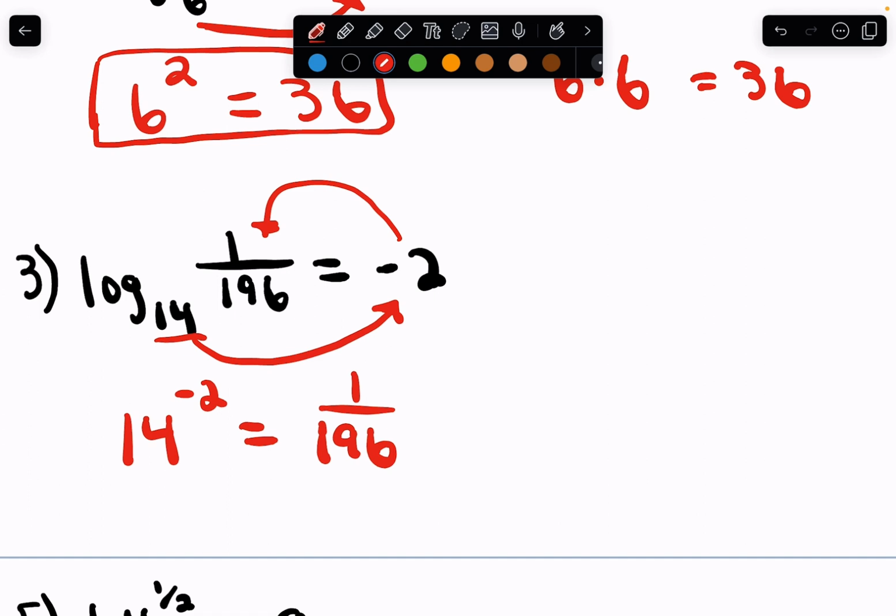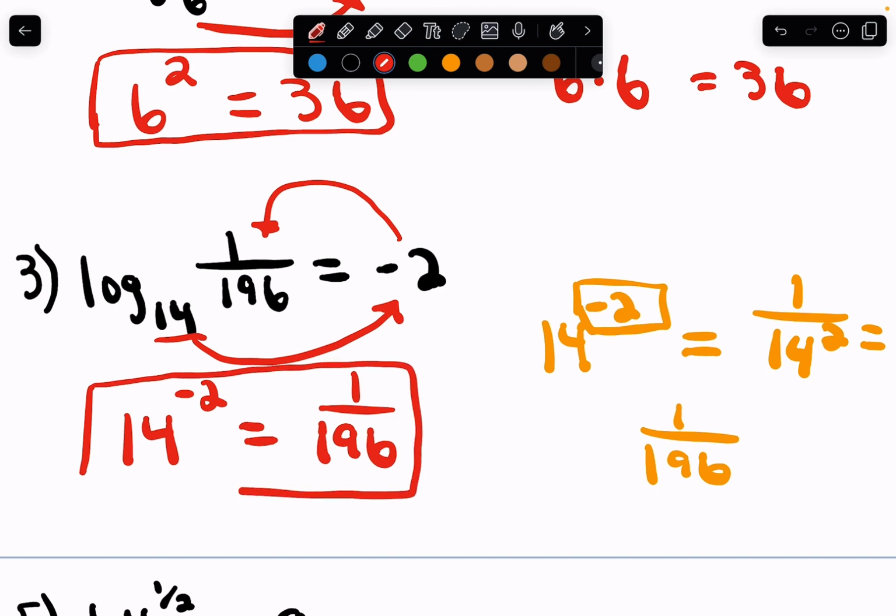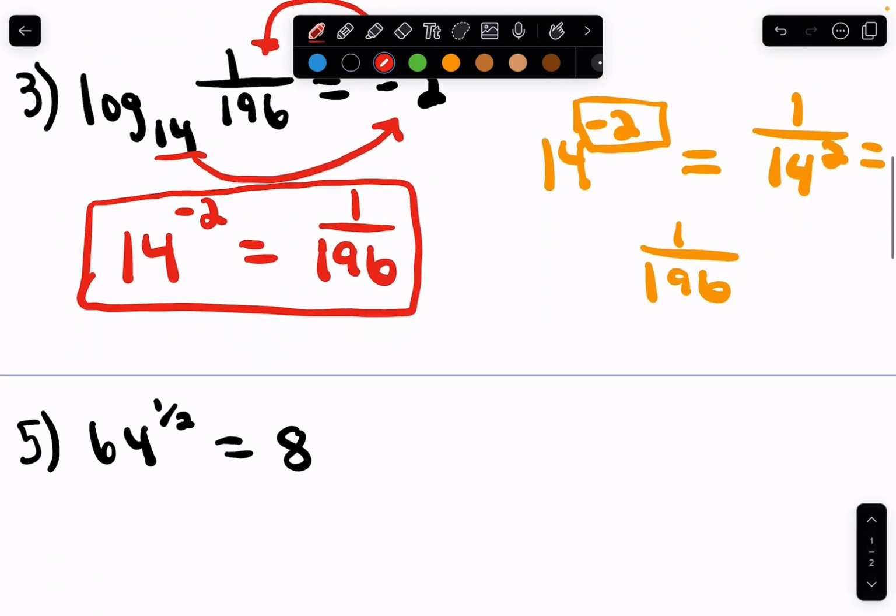Now we know this because we have a negative exponent, and with a negative exponent up top, we always can put this down at the bottom. We can move this entire thing to the bottom and say 1 over 14 squared. Now, what's 1 over 14 squared? You guessed it, it's 1 over 196. So this is our final answer here.